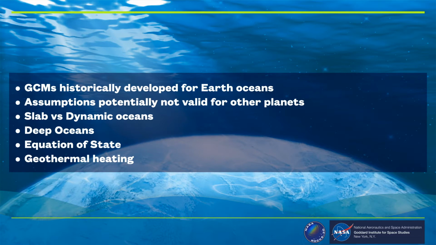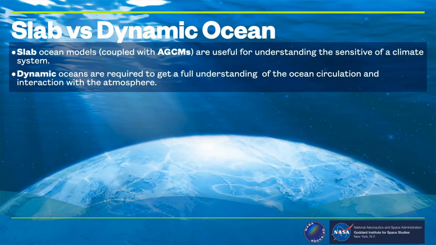Some of these assumptions and considerations that we'll visit here today include the use of a slab versus dynamic ocean, the implication of modeling a deep ocean, having to update the equation of state, and the inclusion of geothermal heating.